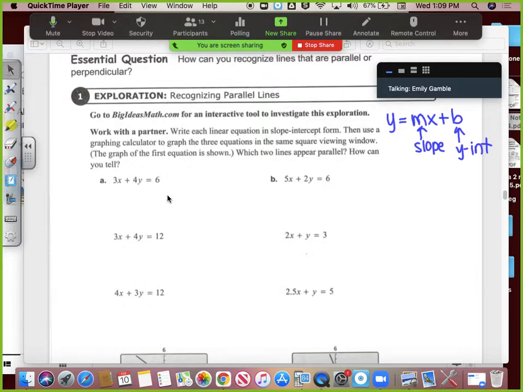That means take the equations and solve for what variable? Y. So take all 6 of these equations, please, and solve them all for y. I'm going to give you maybe 6 minutes or so to do that. Try that on your own. Then we'll go over them together and make sure you have those correct before we move on to the next part of the exploration. So take all 6 of them and solve them for y, which essentially puts them into slope-intercept form.